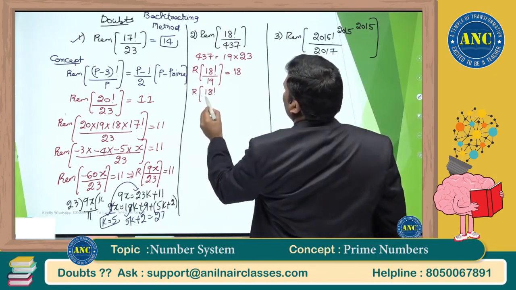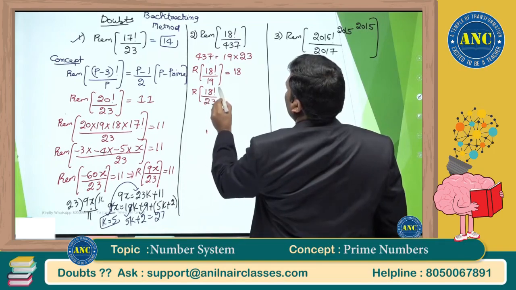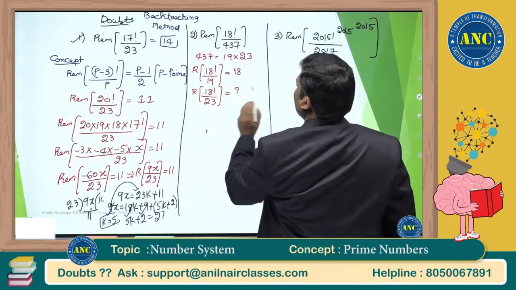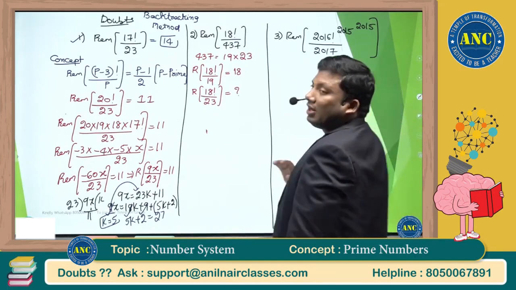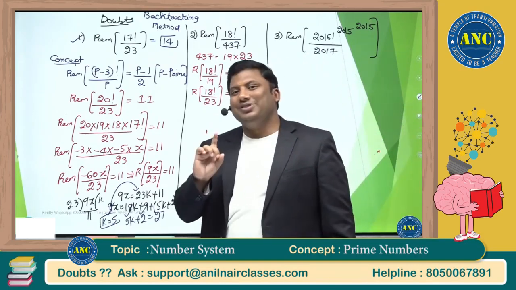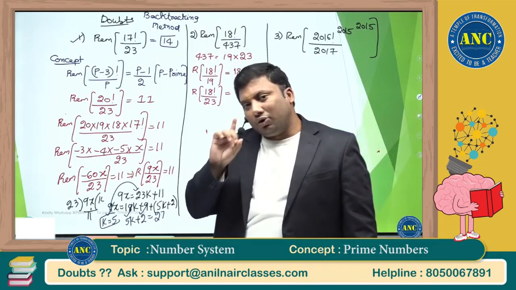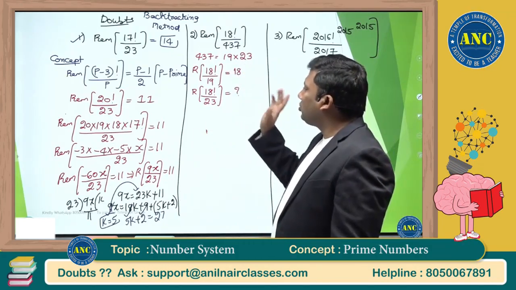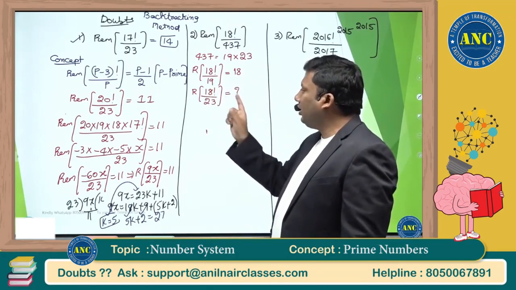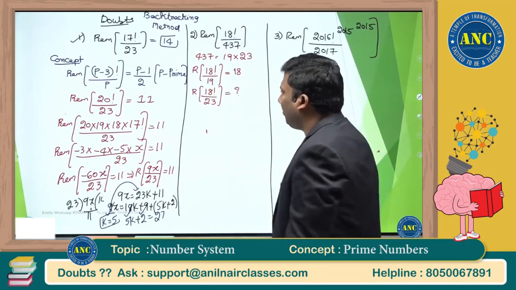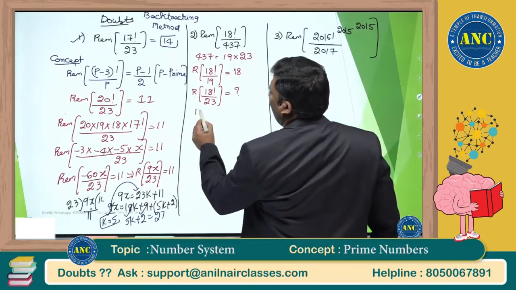18 factorial divided by 23, we will compute it and then we will equate it. 437 is a composite number, a product of two prime numbers, 19 into 23. P minus 1 factorial by p is p minus 1. 18 factorial by 23, what is it that we already knew?